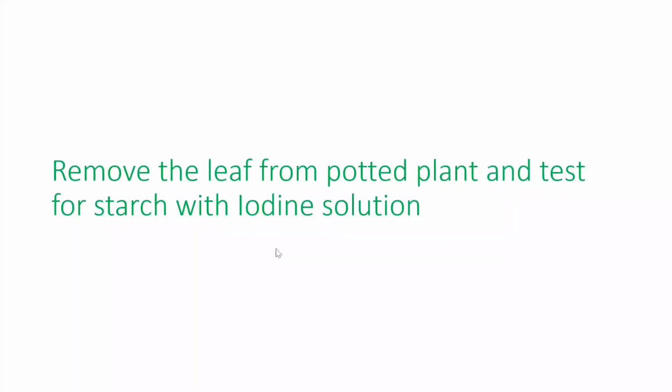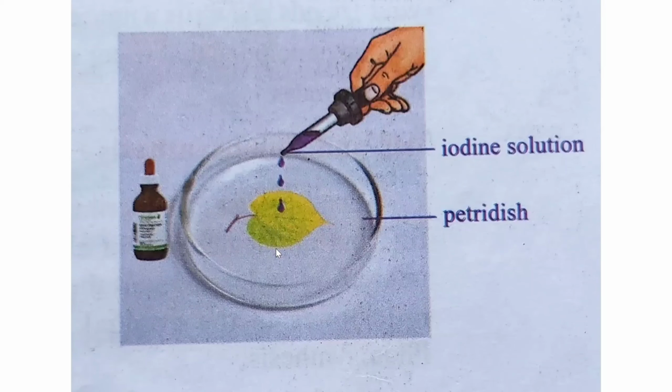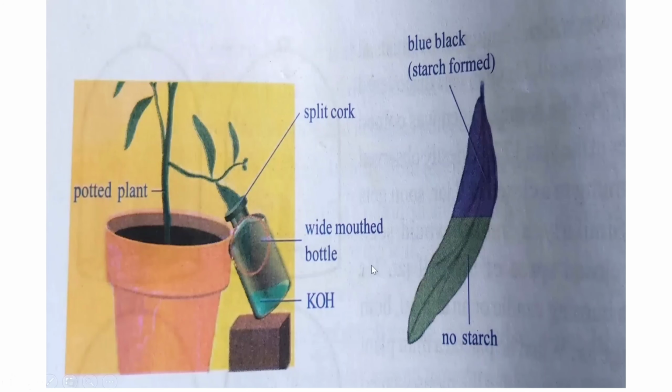Then this leaf is tested for starch with iodine solution. Keep the leaf in the petri dish, add iodine solution to the leaf and observe the changes of color.